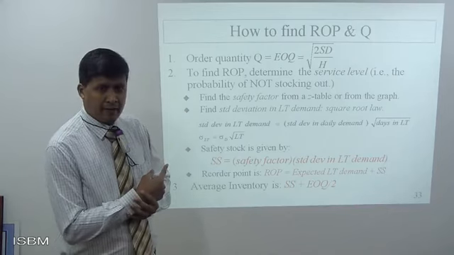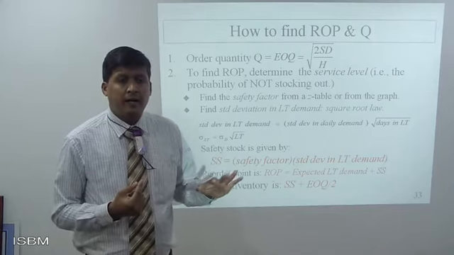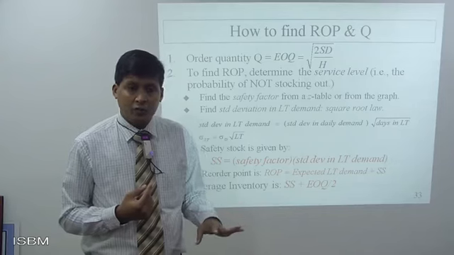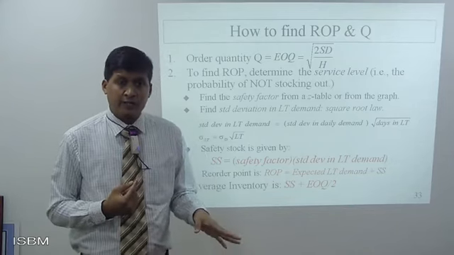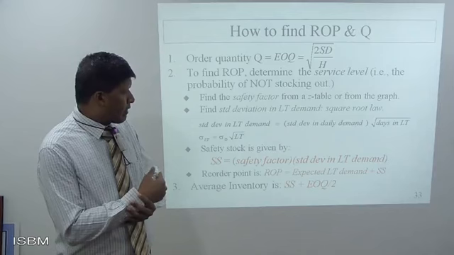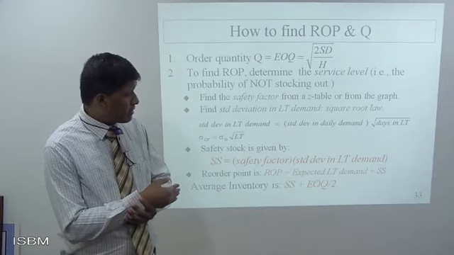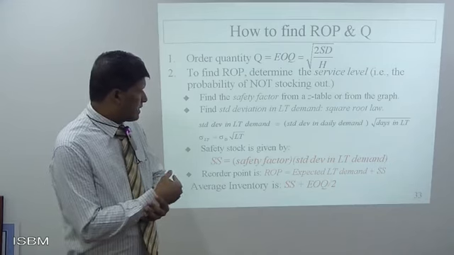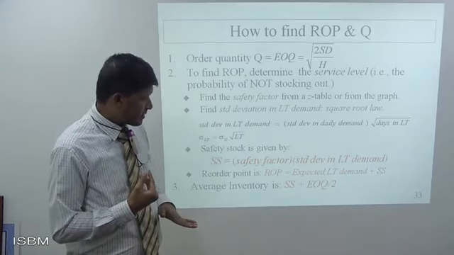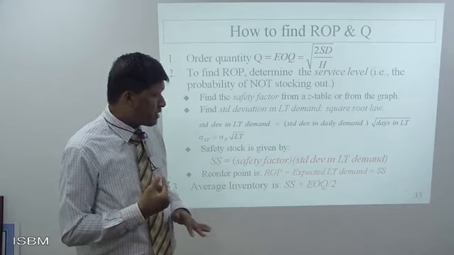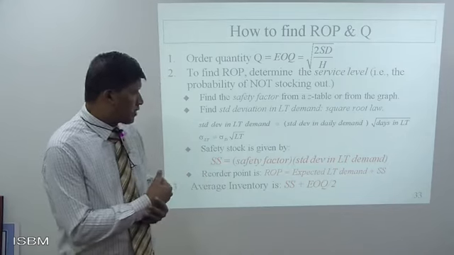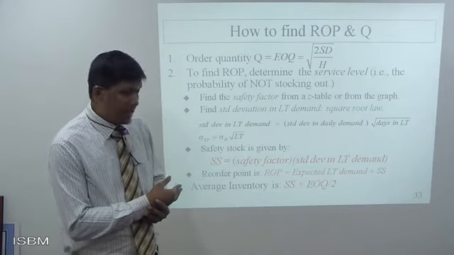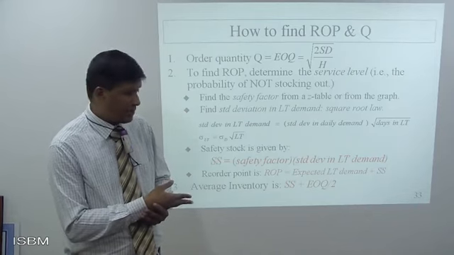Find the safety factor, and these safety factors are driven out by research, by statistical calculations as well. Find the standard deviation in demand and the square root law. So safety stock is given by SS equals safety factor times standard deviation. The reorder point would be ROP equal to expected demand plus the safety stock.